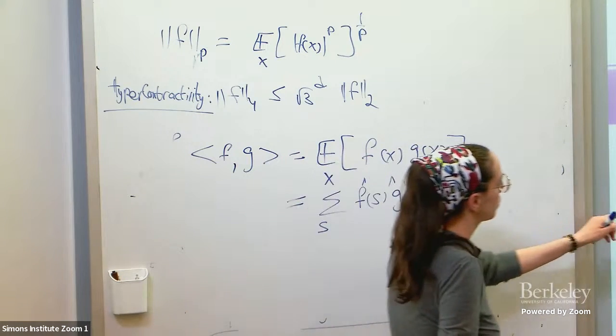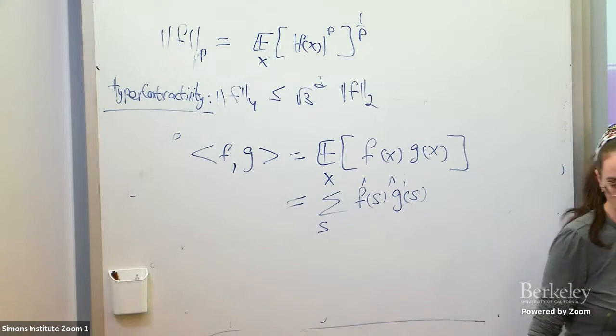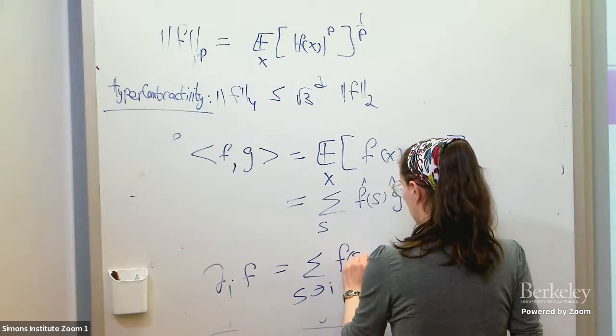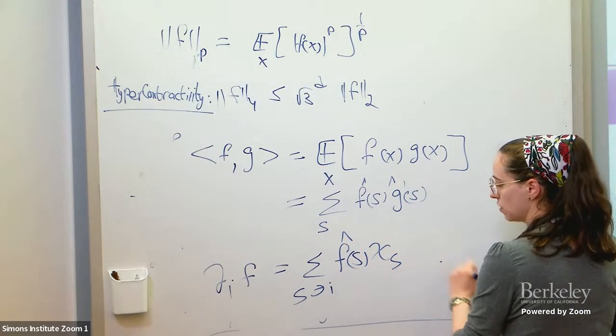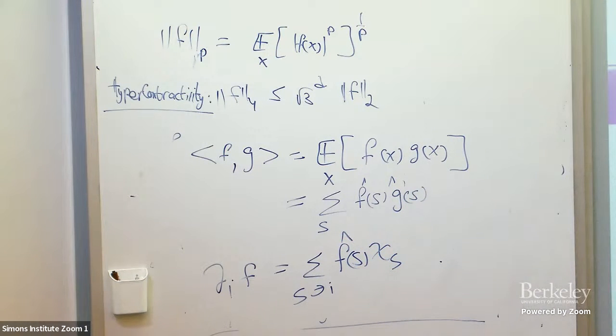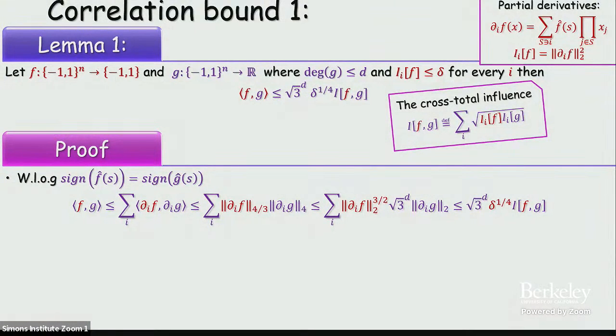So now we can say this is at most the sum over the derivatives. The derivative, as a reminder, is all the characters that contain i, for every i. So the only thing we changed from here to here is to count every character as many times as its size, so it can only get larger.